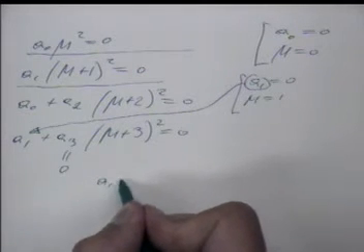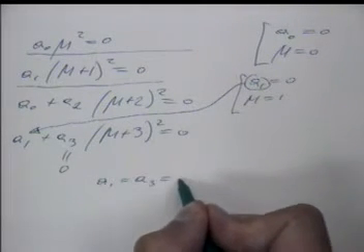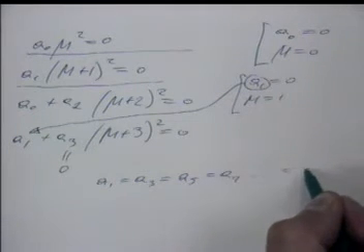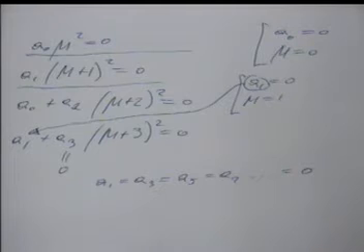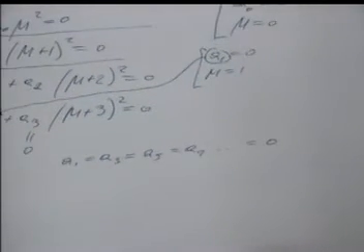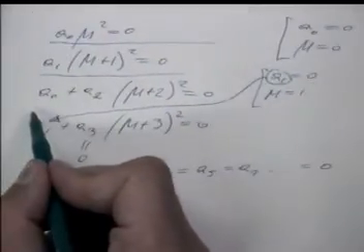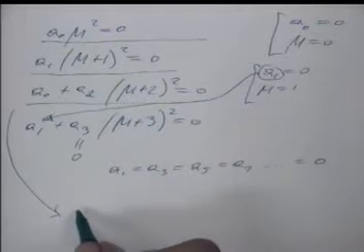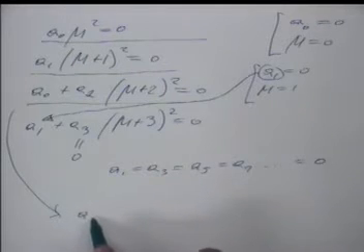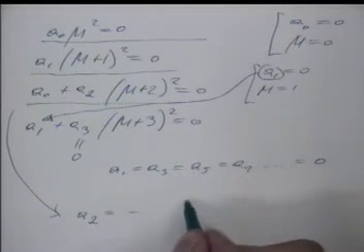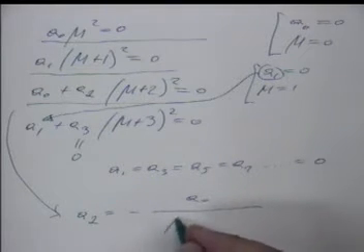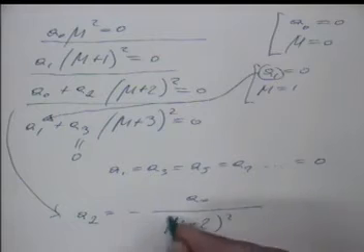We can obtain that a1 equals a3 equals a5, a7, and so on, equal to 0. From the second equation, we can get that a2 equals minus a0 divided by (mu plus 2) squared.